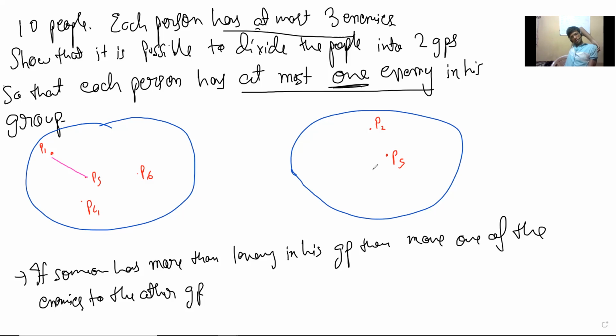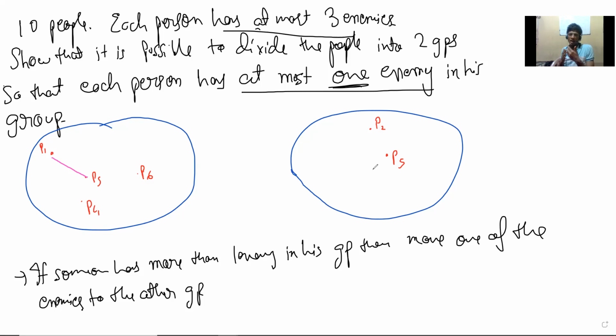Is it okay? So this is what we're going to do, but it's not obvious at all that this will eventually give us what we want. So is the step clear, what I am doing?